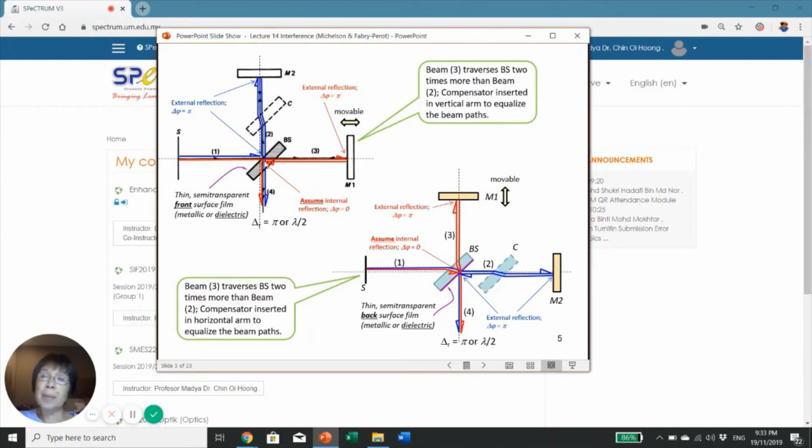Whereas the red beam here would only undergo 1 external reflection here and 1 internal reflection. Now internal reflection will not have any phase shift, so in other words, this red beam here would have undergone just pi shift. So comparing these two beams, there would be a relative phase shift of pi.